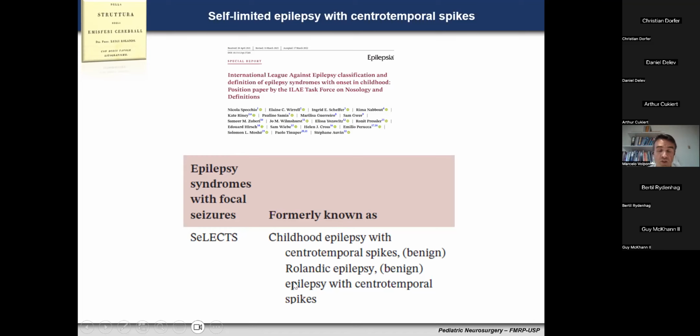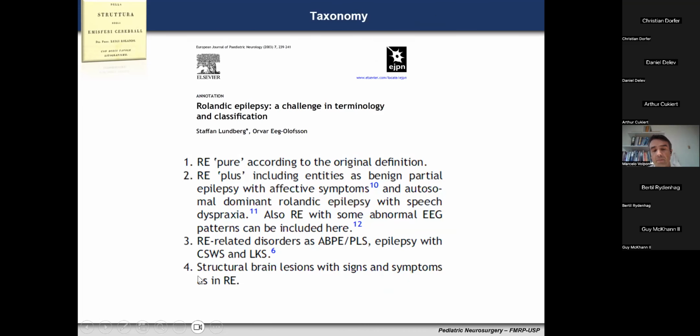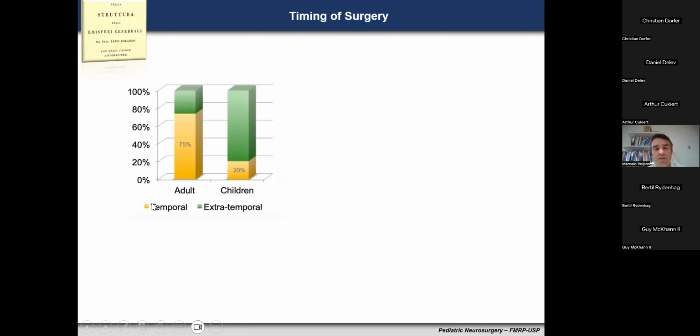But what matters to us is Rolandic epilepsy with structural lesions, of course. We do have some Rolandic epilepsy which is indeed quite benign, so to speak, which resolves with time, even if it has a genetic background or is related to other epilepsy syndromes, but it does resolve until adolescence. So the one that matters to us is this 4th term.